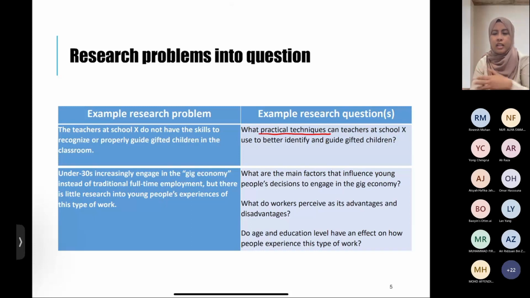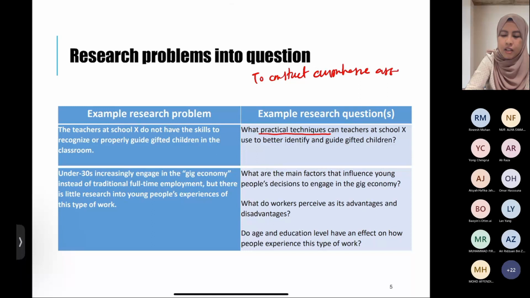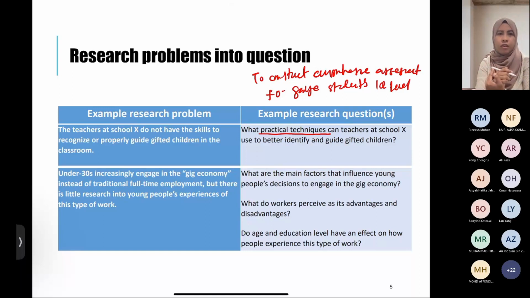So what are the practical technique? Maybe it would be like to construct comprehensive assessment to gauge students' IQ level. That could be the objective, right? Okay, we look at the next example.